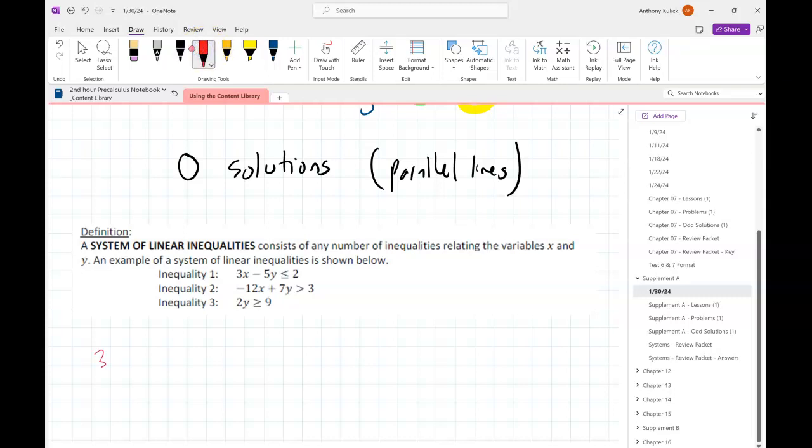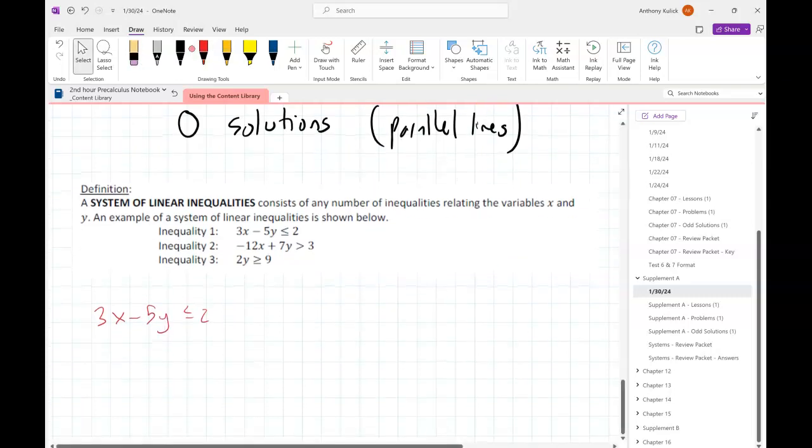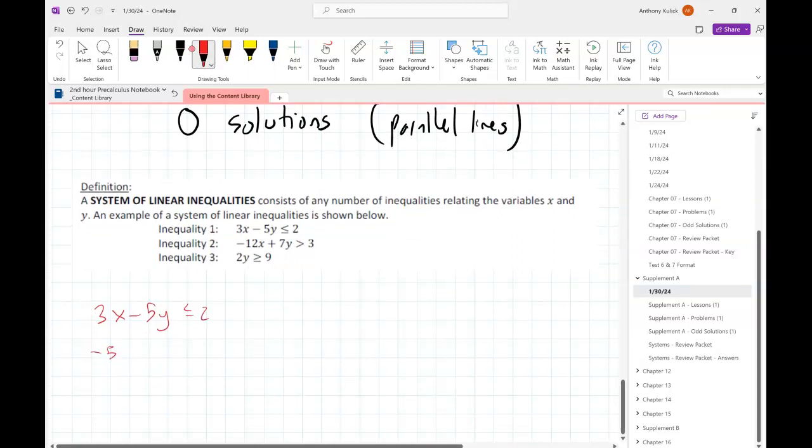So just like before, I'm going to take my first inequality and try to rewrite that so it's in slope-intercept form. So I'll subtract the 3x over, and then I'll divide by -5. When I divide an inequality by a negative value, what do I have to remember? Yeah, the inequality changes direction.